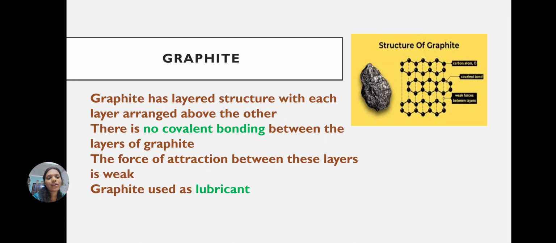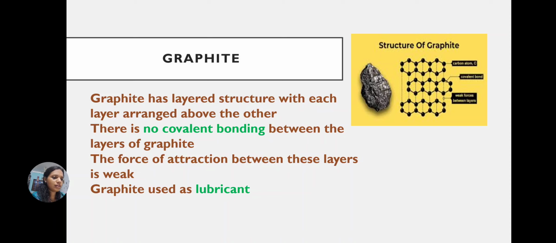There is no covalent bonding between the layers of graphite. So the force of attraction between these layers is weak. From these properties, we can conclude that it does not conduct electricity, but it can be used as a lubricant. It is used as a lubricant.